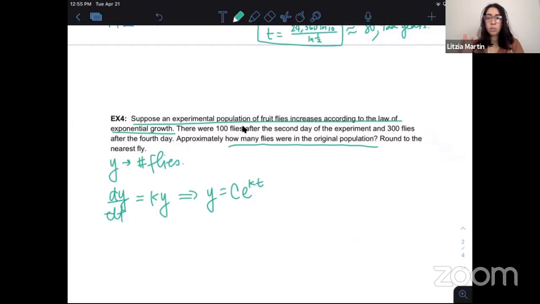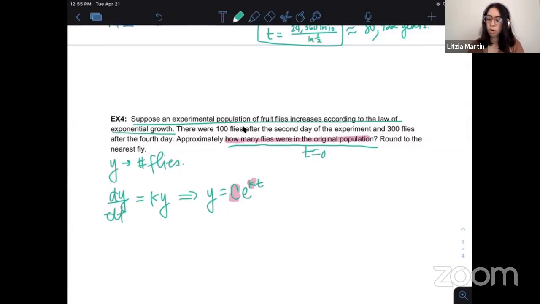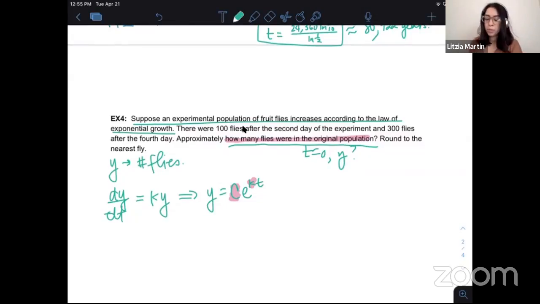So they're giving us two pieces of information there that we're going to be able to plug in to solve for C and K, so that once we do, we can plug in t equal to 0 and solve for y, because that would mean we are finding the number of flies from the start. Okay, so first thing we're going to have to do is plug in what they've given us.